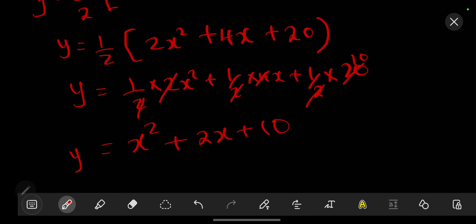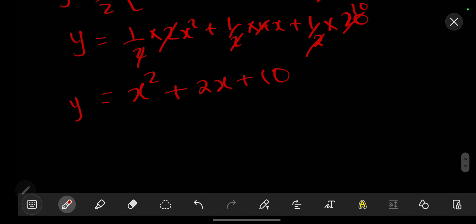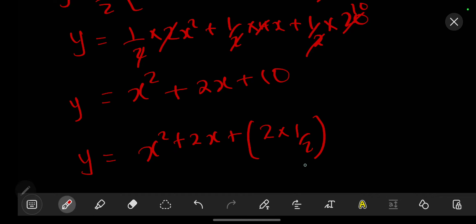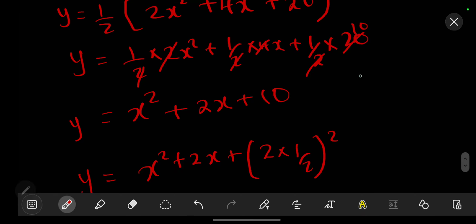So when you reach this stage, you use the same approach that we were using to express it in that form. So we have y should be equal to x squared plus 2x. Find half of this, square it. So we have plus 2 times 1 over 2, that's the half of this value, squared. Others might write 2 over 2, it's still okay.